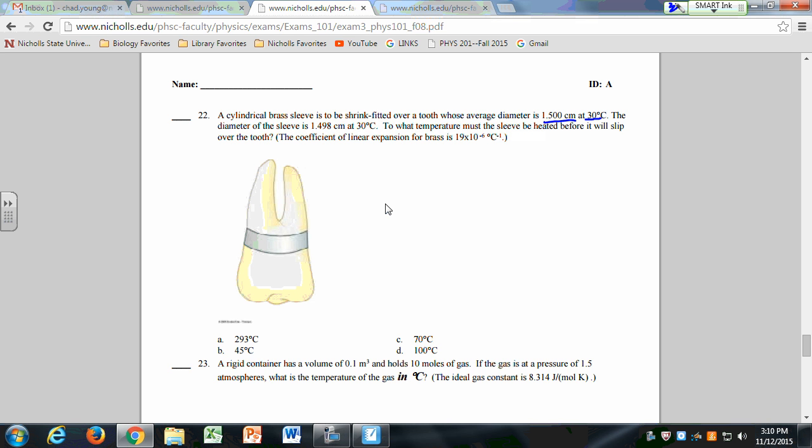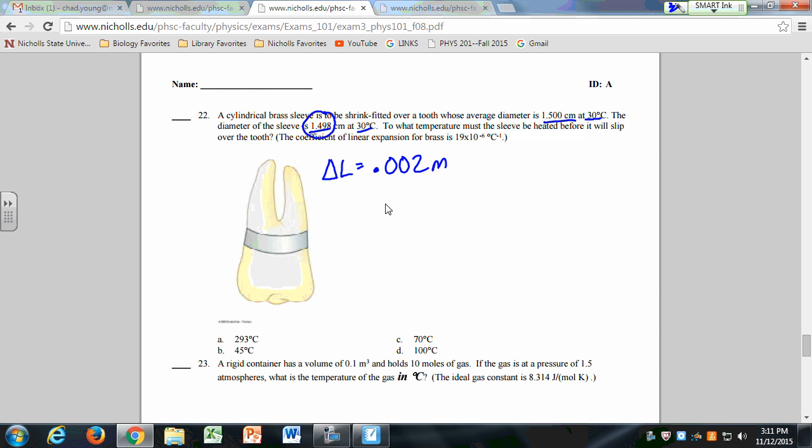The diameter of the sleeve is 1.498 at 30 degrees Celsius. So that sleeve won't fit onto the tooth because it's too small. So you have to heat it up so that it'll slip over the tooth. You want to heat it up so that this will become 1.500. So what you want is your delta L to be 0.002 meters.